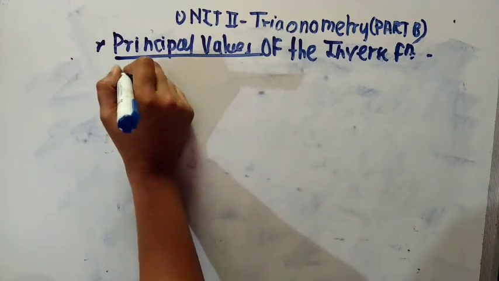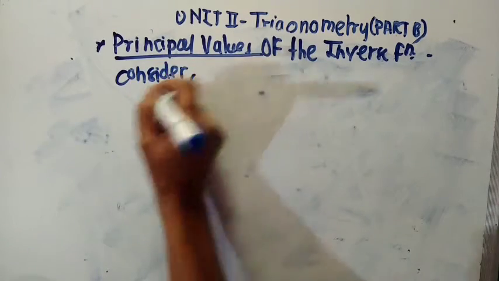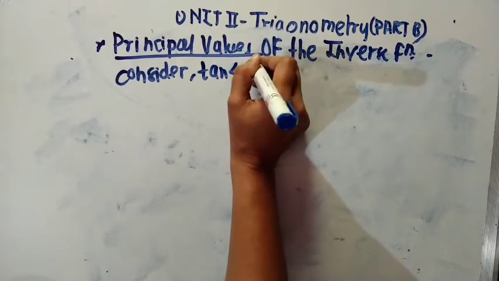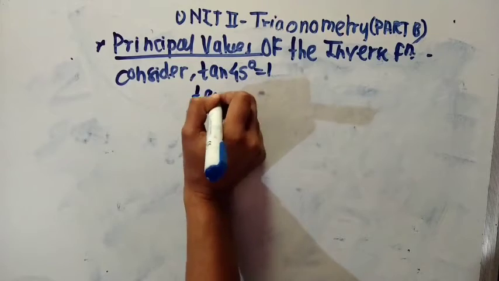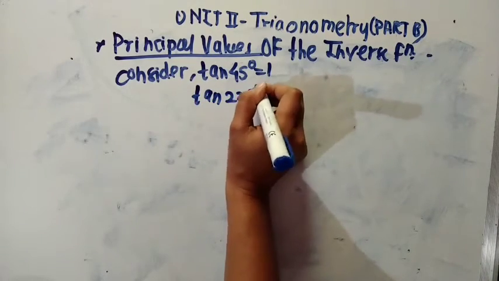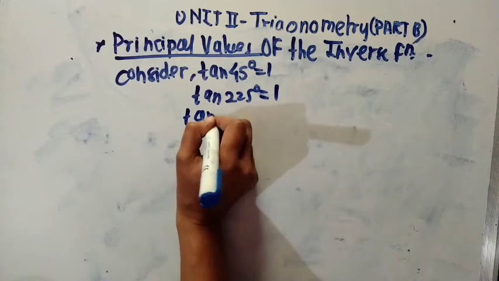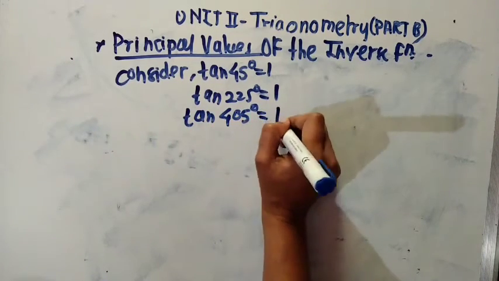So first consider tan 45 degree is equal to 1. Then tan 225 degree is also equal to 1 and tan 405 degree is also equal to 1.